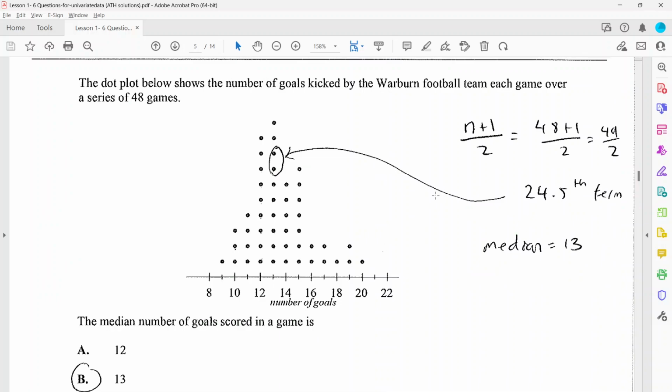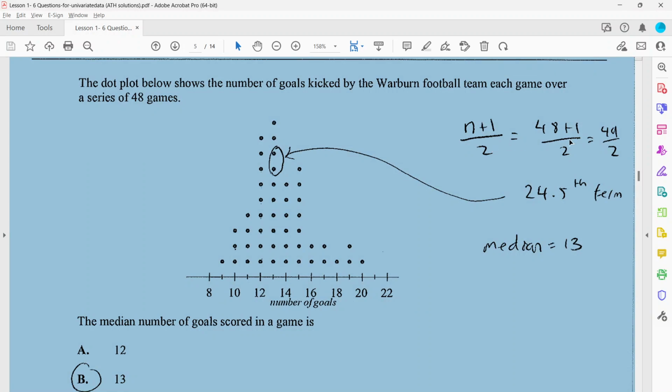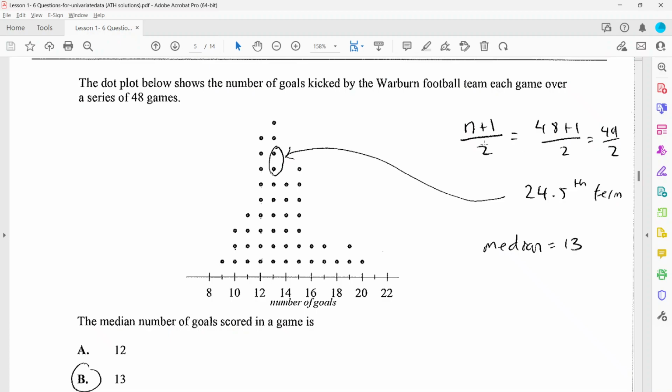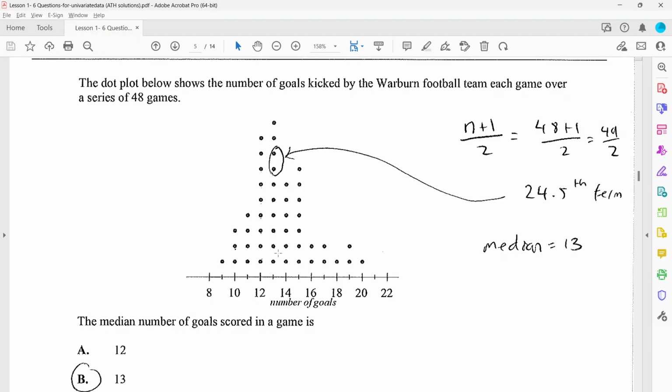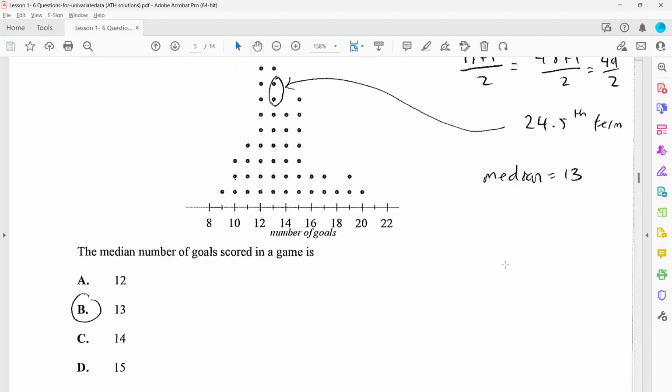What is the median? Okay, so we've got 48 games, so we're going to try and find the median using n plus 1 divided by 2, which means it's the 24.5th term. That's this one in here. It's between 13 and 13, so therefore in the middle of those two numbers is still 13.